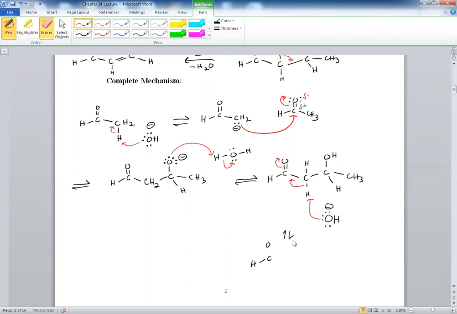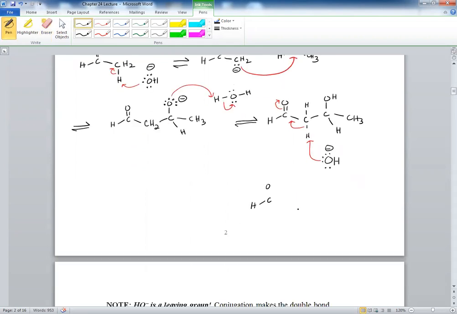We need to actually get rid of those arrows for now. I just need more space here. Very well.